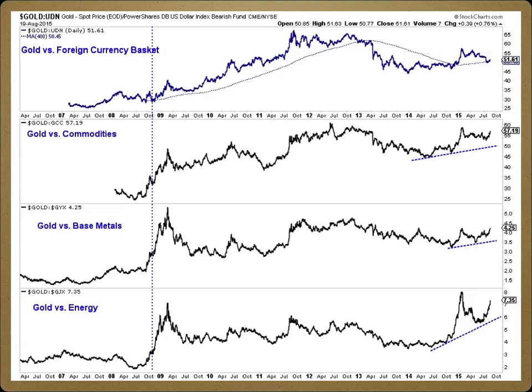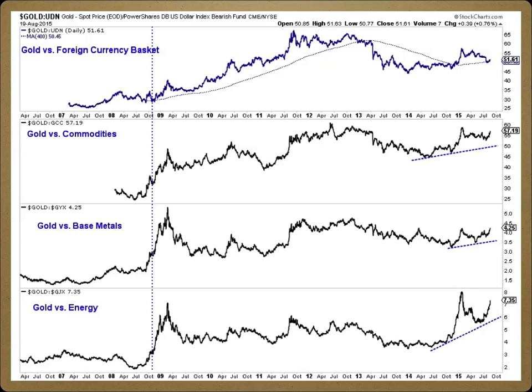Now, moving on, gold against commodities is almost near an all-time high. I believe that high in early 2012 was an all-time high. Then it had a peak very close to that in January earlier this year, and now it looks like it's at a 4 or 5 month high. So gold is acting really strong against commodities. Breaking that down a little bit, you can see gold's trending higher against base metals and energy.